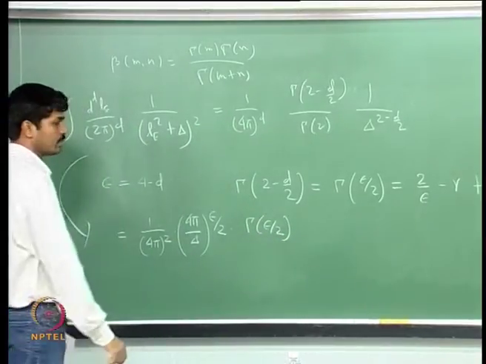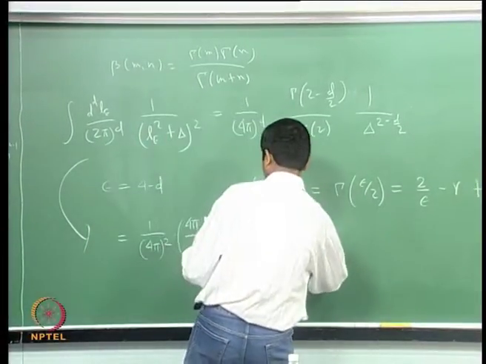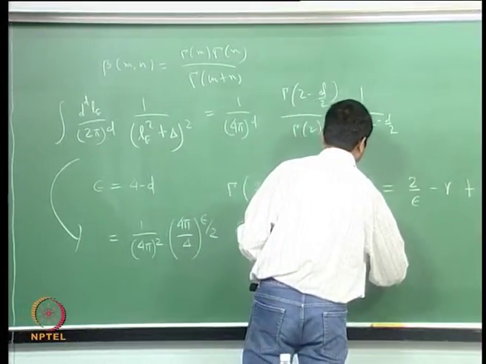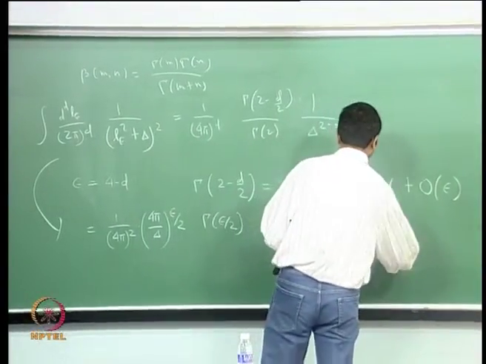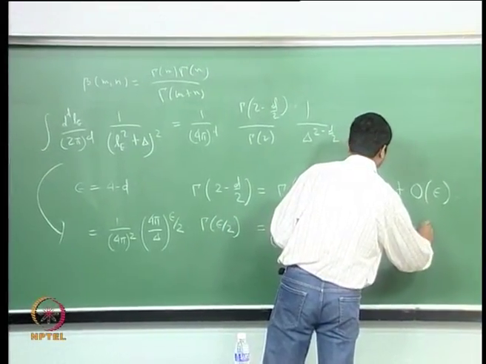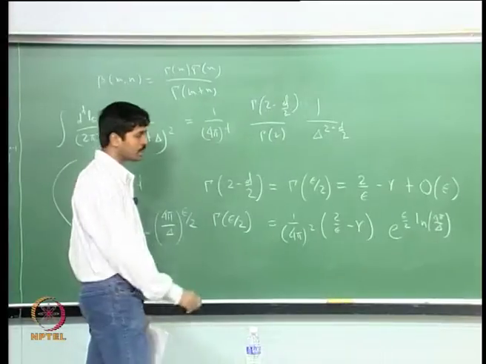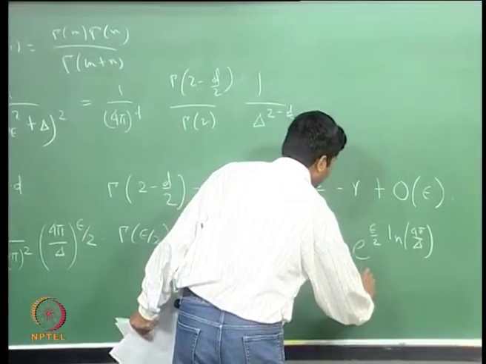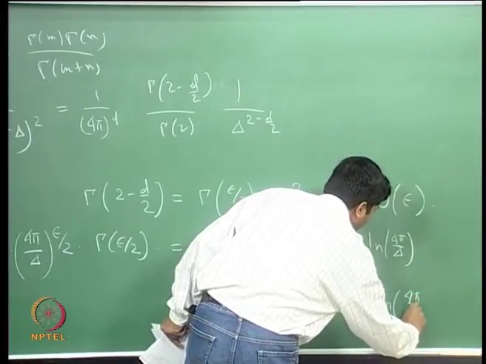Okay. And when I use this expression for gamma of epsilon by 2, what I will get is 1 over 4 pi square times (2 by epsilon minus gamma), and here this one is simply e to the power epsilon by 2 log 4 pi over delta. For small epsilon, I can just keep terms up to order epsilon, and this simply becomes 1 plus epsilon by 2 log 4 pi over delta.